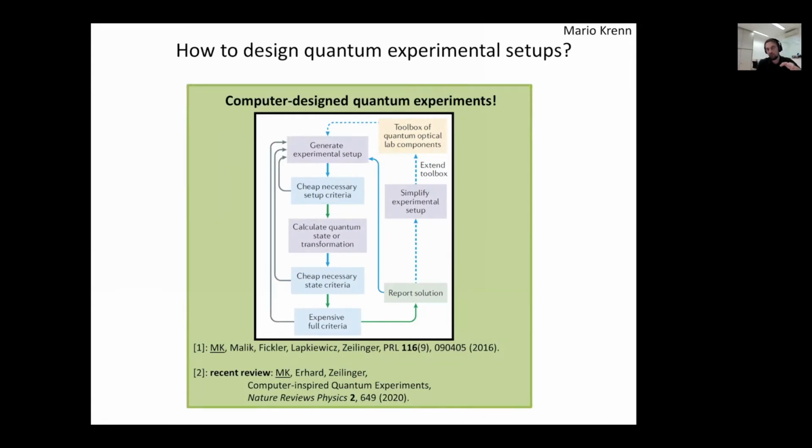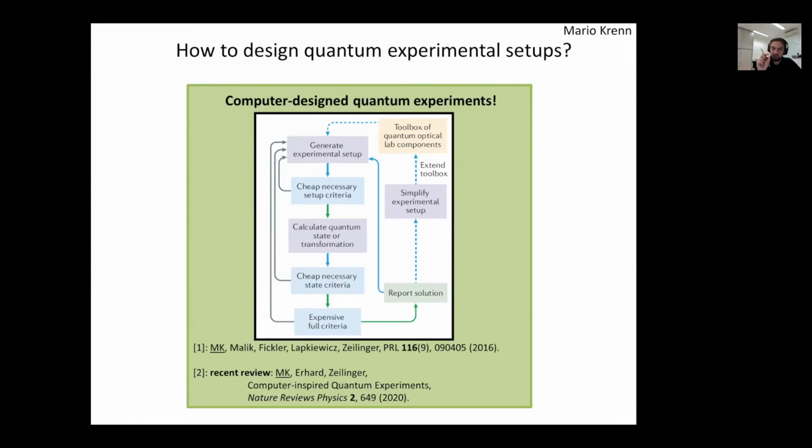Then if the setup that we created satisfies all of those simple criteria, we compute the full criteria. And we compute whether the state actually has the property that we are interested in.